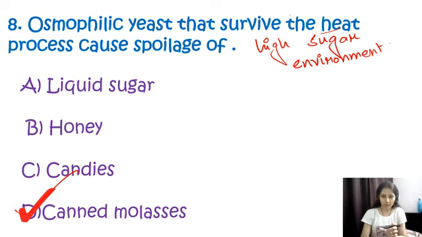But canned molasses has the right combination of high sugar concentration, and it provides a good environmental condition which allows this yeast to survive in it and cause the spoilage of the product. So over here my correct option will be D, that is canned molasses.